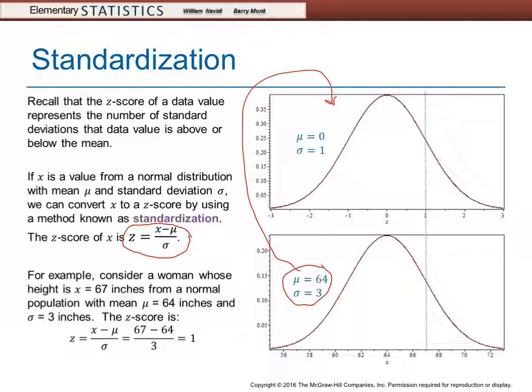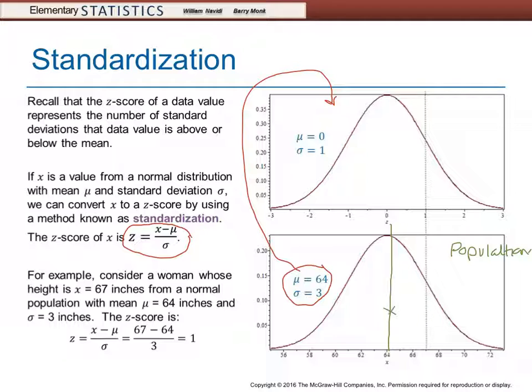So in this particular example, we have a population of females, and the mean value in this population appears to be 64. So here is our mean.